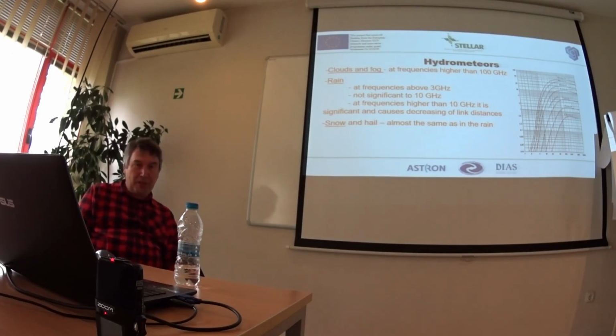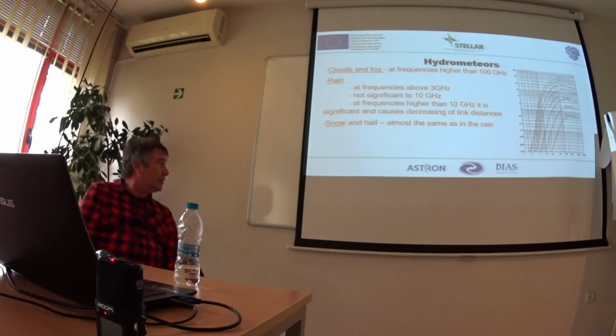Also, if it rains at the place of the uplink, and also at the place where you receive the signal, twice, in this case there is a problem, but these operators prefer to use smaller dishes because it is cheaper. If they used 90 centimeter dishes, I think they would not have the problem, but that is the situation.